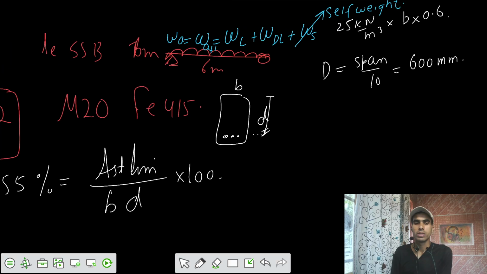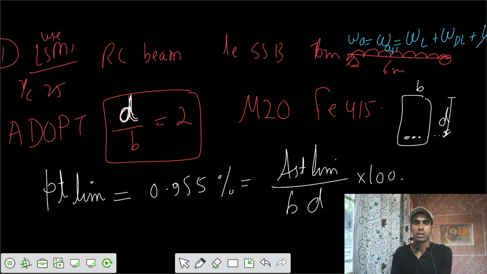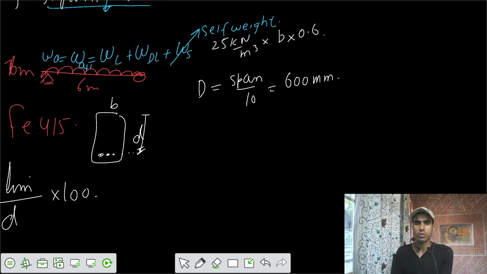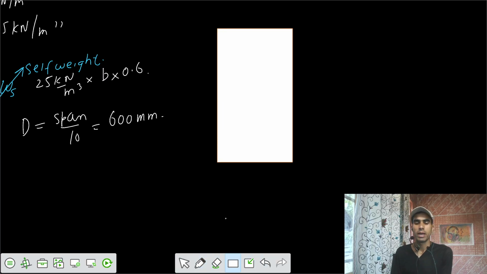We have to see, is there anything talked about effective cover? All of the data you have to assume now, because nothing is given to you. If you are a designer, you have to assume some initial data.